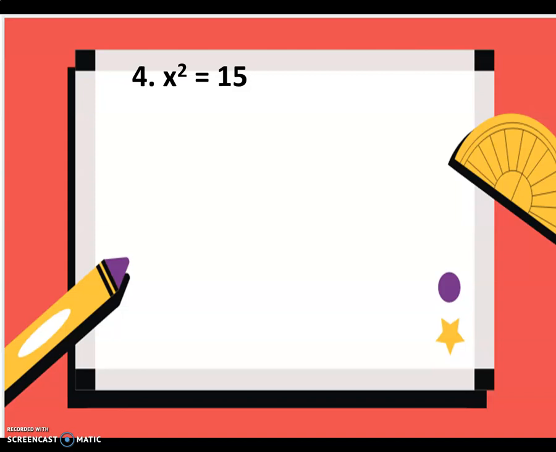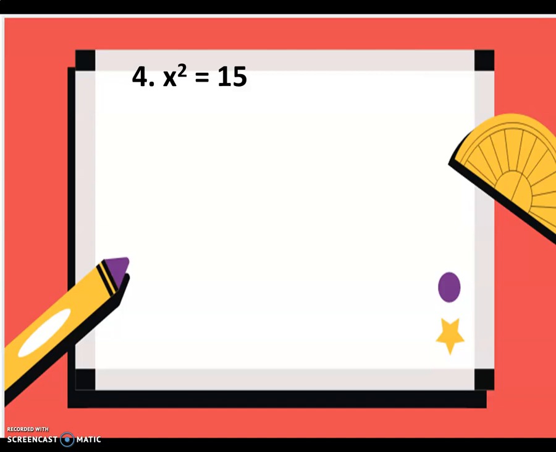And then, last. X squared is equal to 15. Ngayon, isipin natin, is 15 a perfect square? Diba? Hindi. So, ngayon, kung gusto talaga natin makuha ang square root ng 15, then, of course, we're expecting na we are going to come up with a decimal.